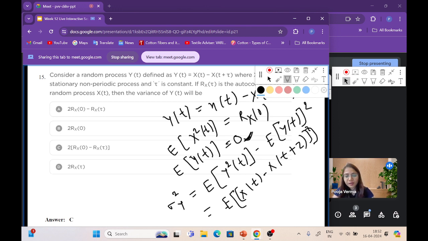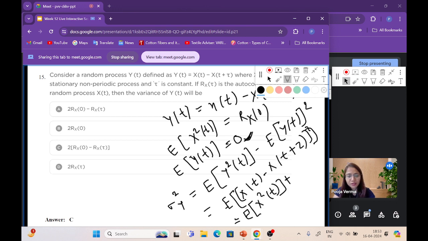Now if we expand this, what will we get? I'm writing here expectation of x square t, plus a square plus b square minus 2ab.